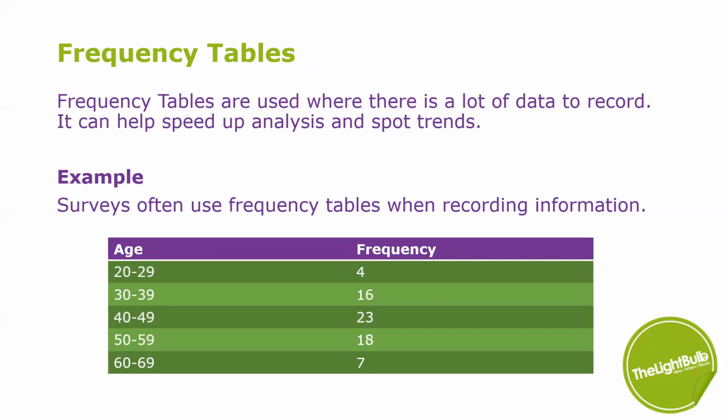You've got to give your age within a certain category, like you see on the left, and then whoever's analysing the surveys at the end will just perhaps do a little tally chart, and they'll say, oh, we had 4 people in their 20s, 16 people in their 30s, and so on. So it's a little way of summarising some information to make it a bit easier to spot trends.